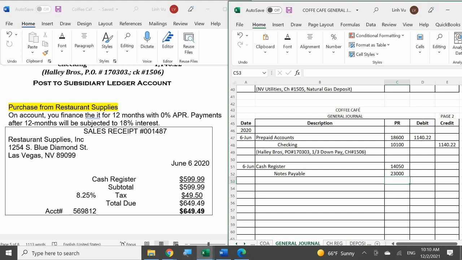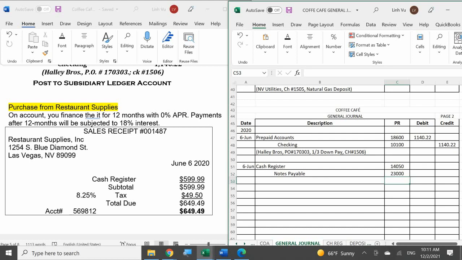What are we going to do with the sales tax? $649.49. Okay, so what are we going to do with the sales tax? Sales tax is part of the cost. Correct.